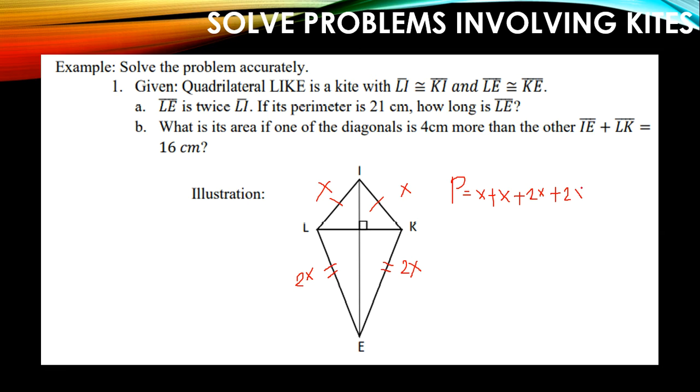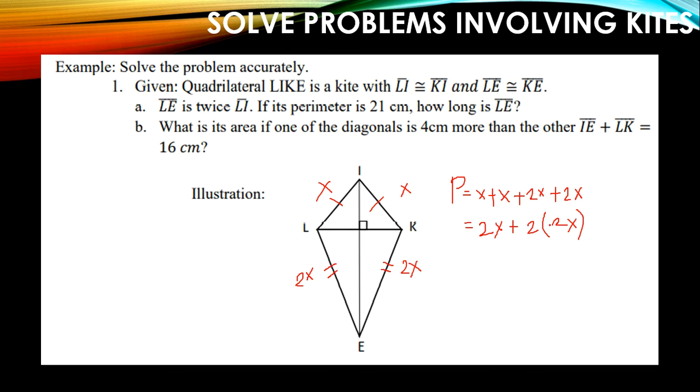To make it shorter, we combine X plus X to get 2X. Why 2X? Because it represents two X's. Then plus 2 times 2X.